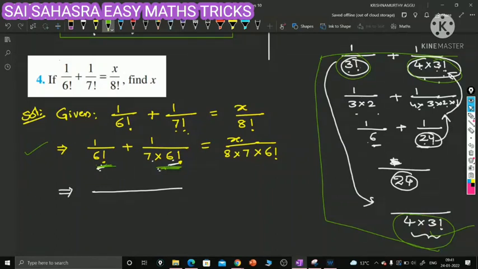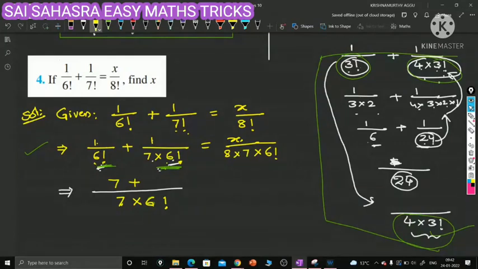7 into 6 factorial. Yes, the LCM will be 7 into 6 factorial. Here 6 factorial is there, means what is not there? 7 is not there. So 7 into 1 will be 7, plus. Here the same thing is there, means no change.